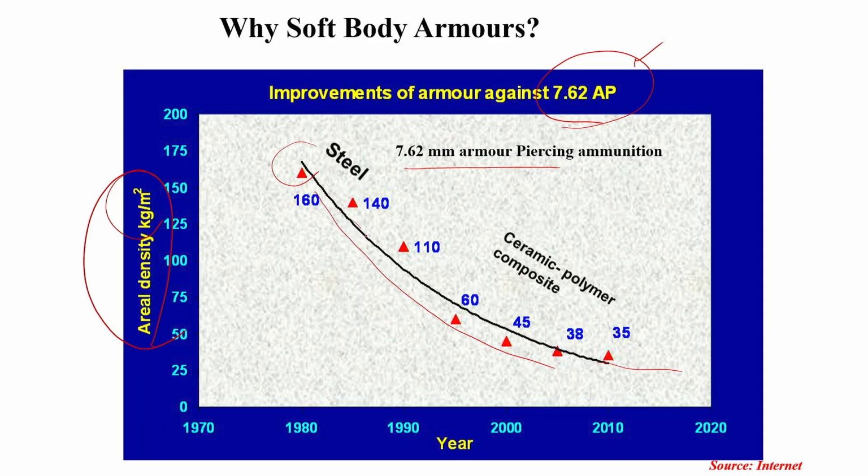In the 1980s we used to use steel with typically around 160 kg per square meter areal density. So, 160 kg was used, that type of heavy steel plate.